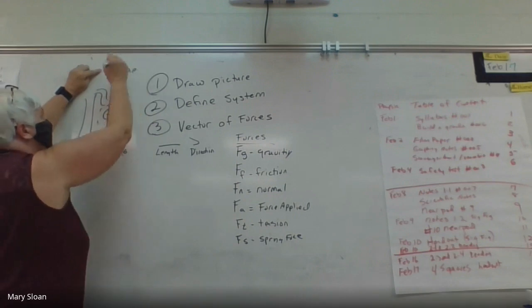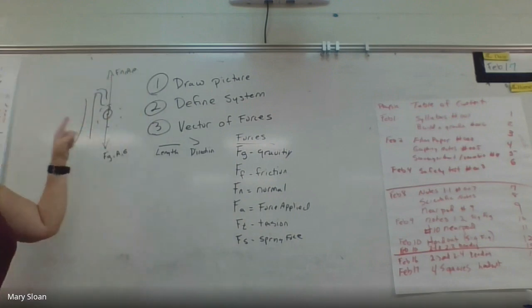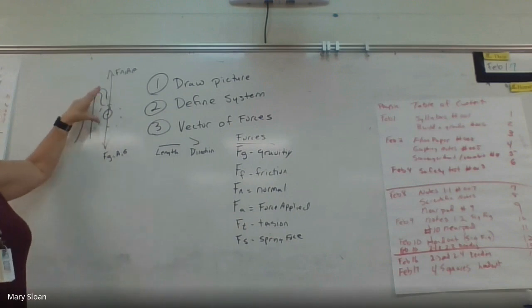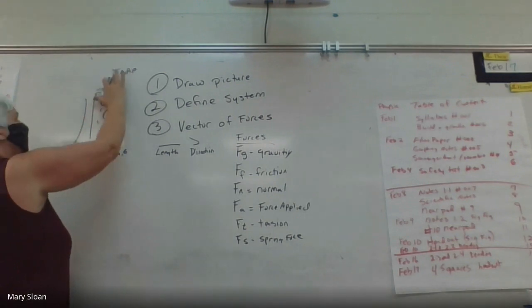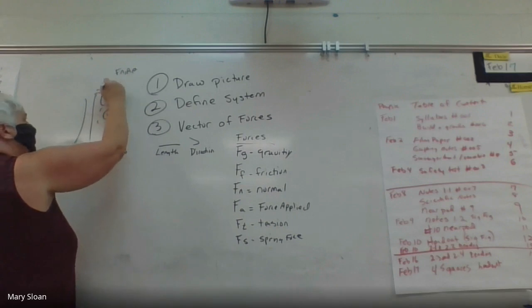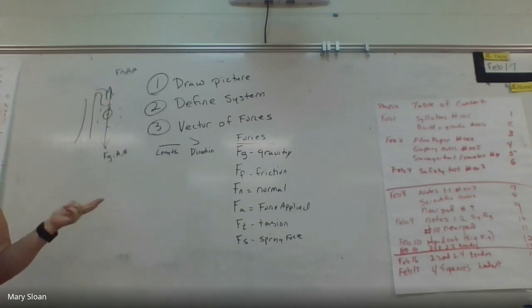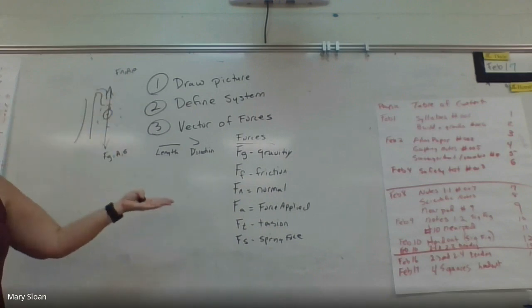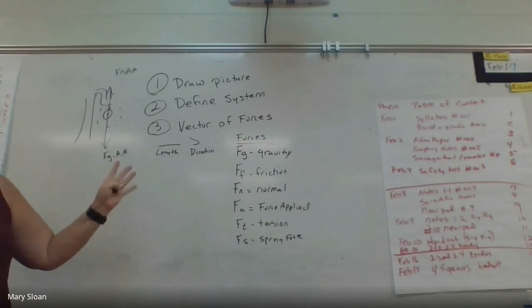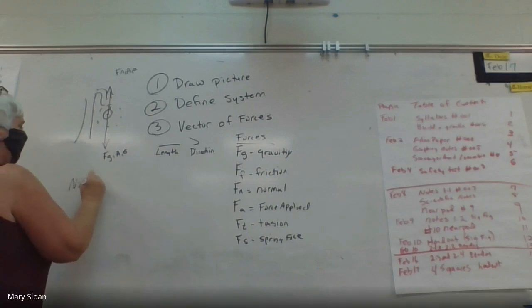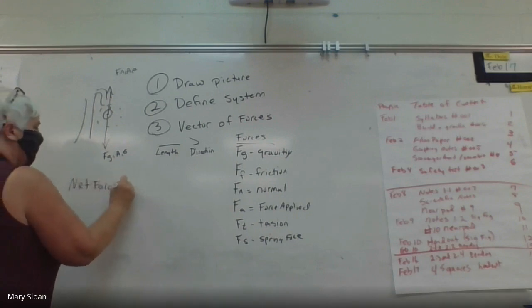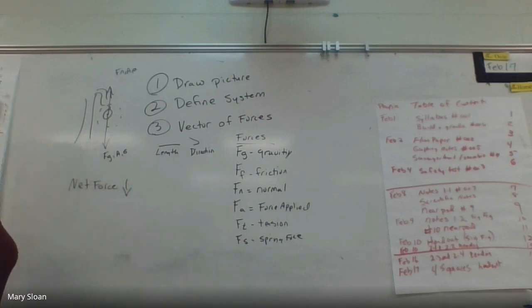Now, if this apple is falling, are they balanced? No, right? So this one needs to be long, and that one needs to be short. Do you agree? Are there any other forces involved in that? No. So for this one, my net force is going in that direction, correct?